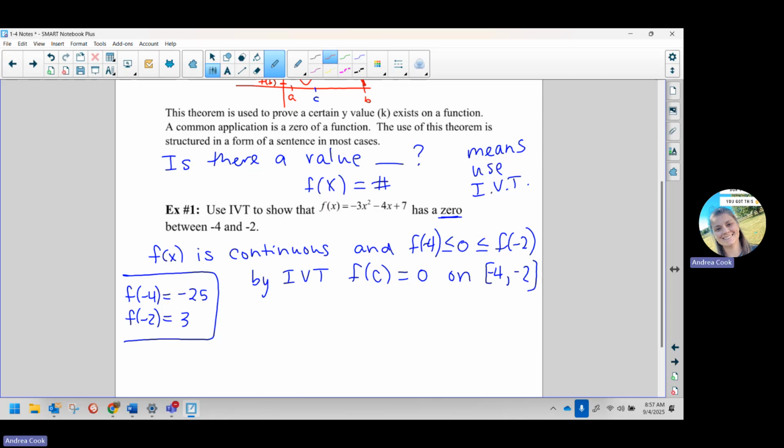Those of you that are struggling, here's a picture. -4 is here. F of -4 is -25 down here. F of -2 is 3 right there. Since F is continuous, I have to cross 0.